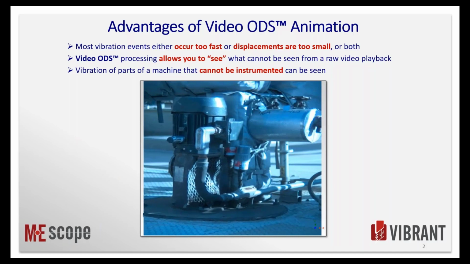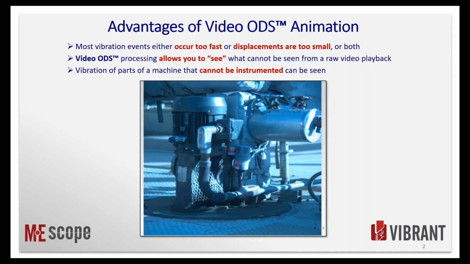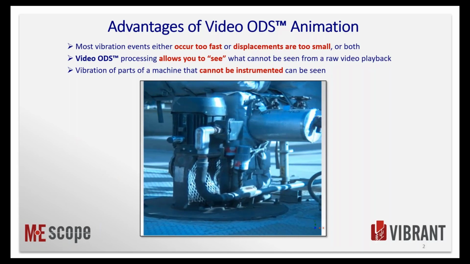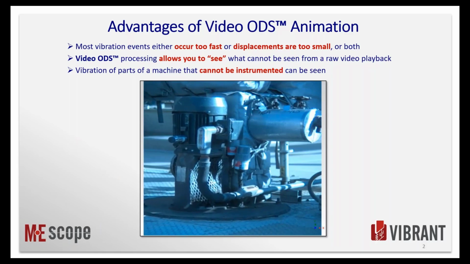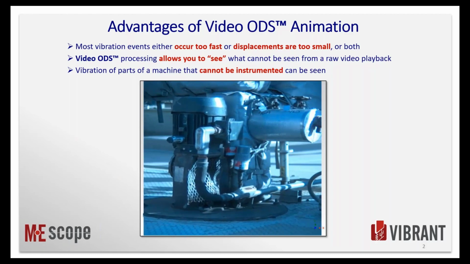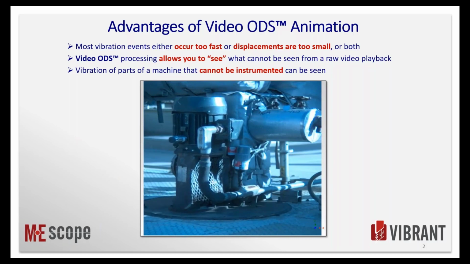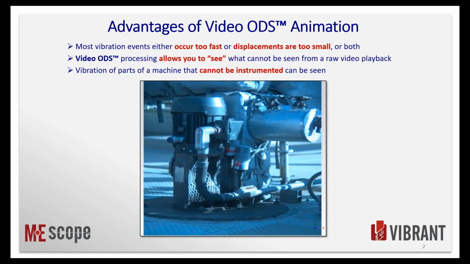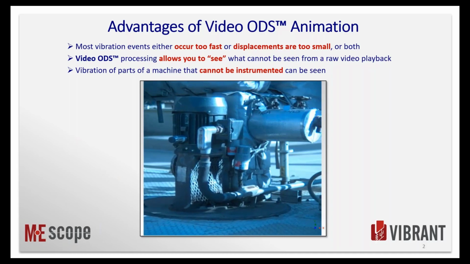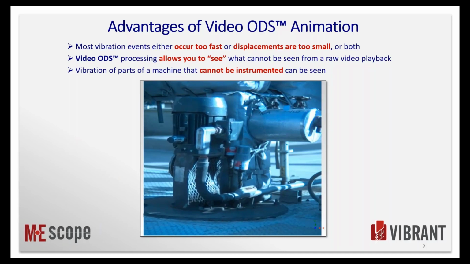We've had it in MEscope now for about 4 years. There's a couple of other competitors worldwide that are doing similar things with videos. As Mark mentioned, you can spend more money and buy a higher speed camera. Typically, you'll need lighting and so forth, but everybody owns a cell phone, so you can really get started with a cell phone. And so we'll talk about that as we go through.